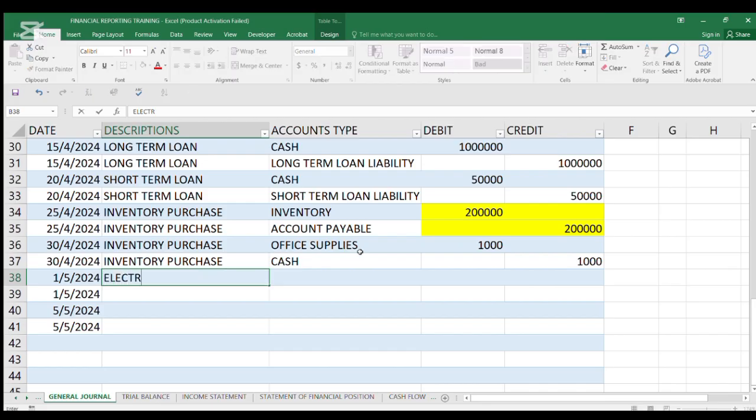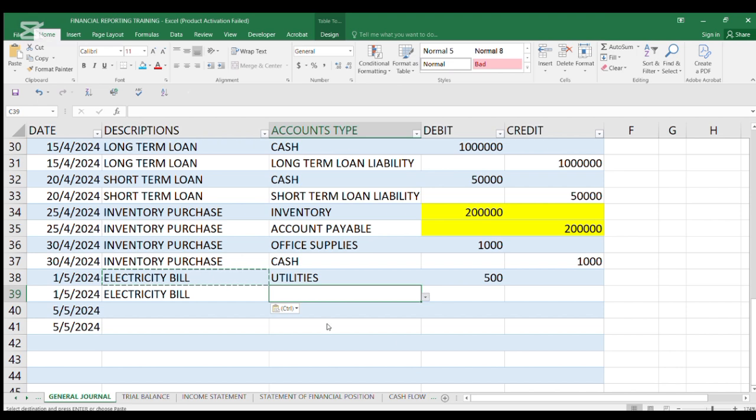We call it electricity bill. So here we debit utility account, debit utility with how much? 500 US dollar. We copy the same electricity and credit cash account with the same value, 500 US dollar.